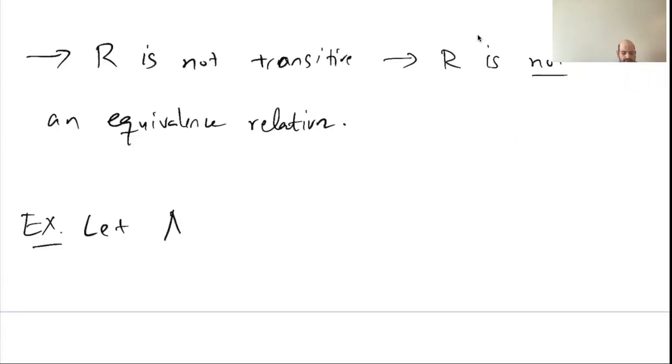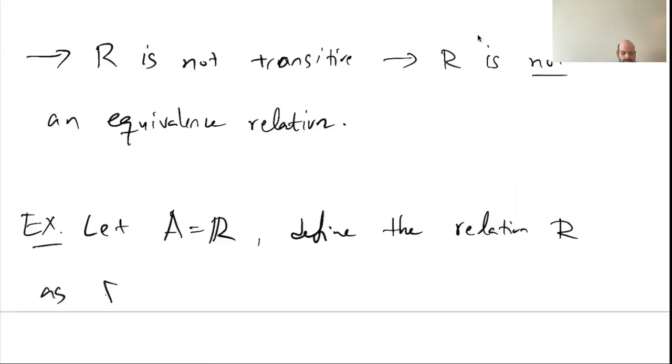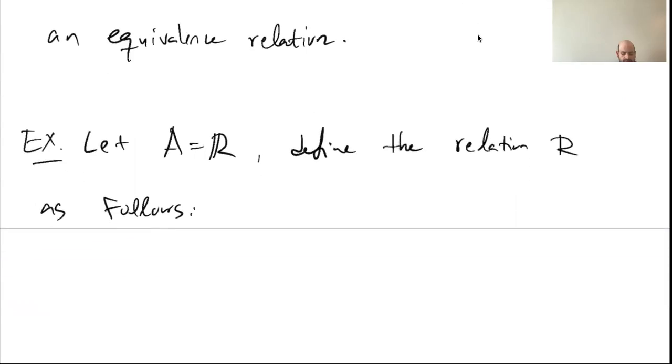Let A again equal the set of all real numbers and define the relation R as follows. So a R b if a minus b is an integer.